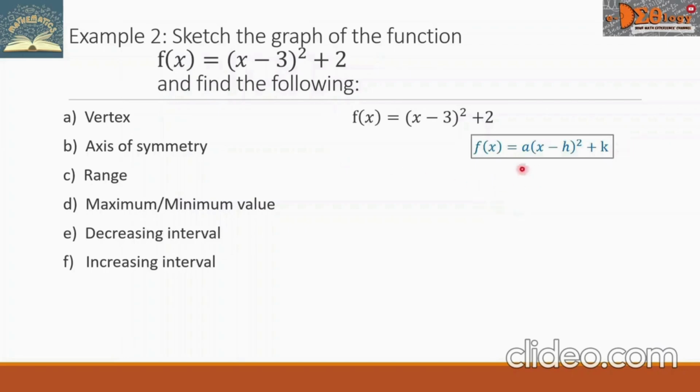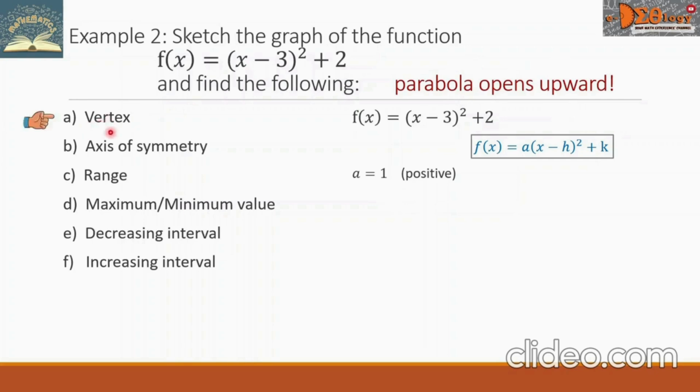First, let us collect the a value. We can see here that there is no number in front of this square of x minus 3. That means a here equals 1. And 1 is positive. Since a is positive, we say that the parabola opens upward.